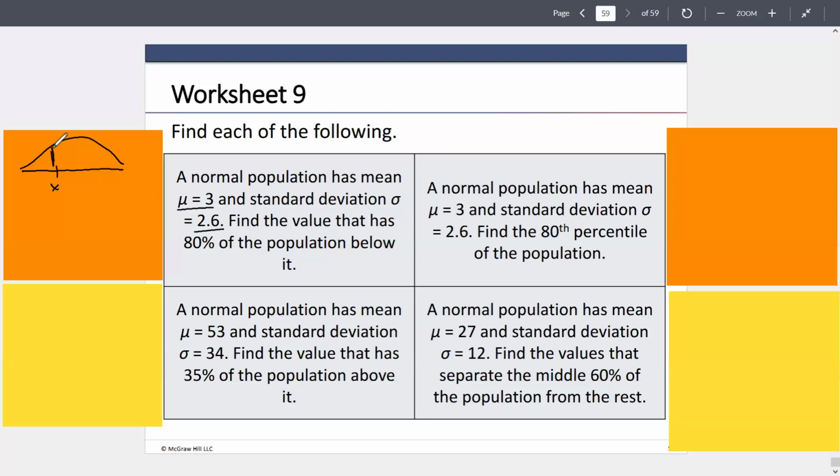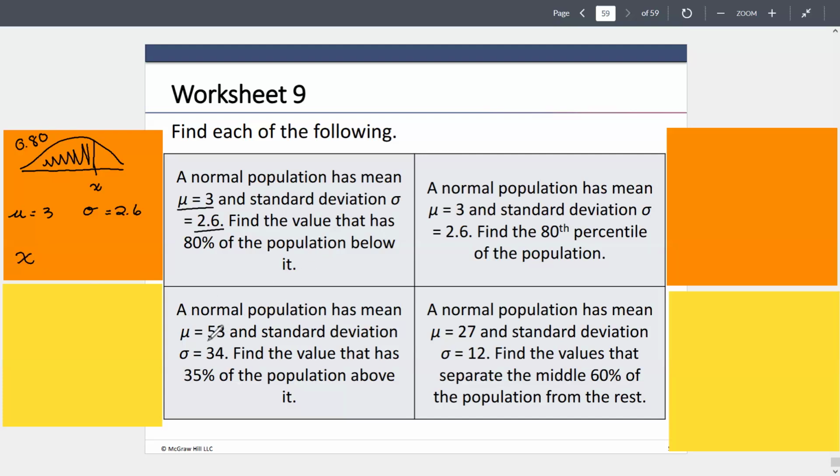So this is X. That'd be 80% below whatever X is, so 0.8 here. And like we said, the mean is 3 and the standard deviation is 2.6. We're going to figure out what X is.